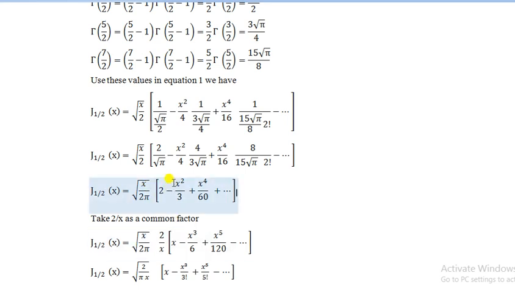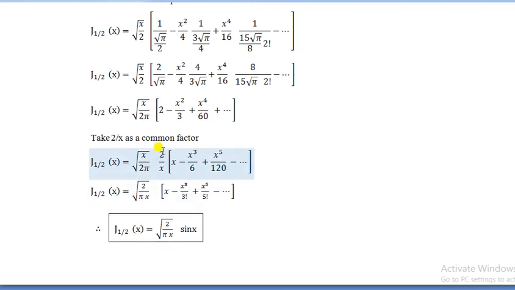Then minus, after taking 2 by x as common, the second term becomes x cube by 6 here, or x cube by 6 into 2 by x becomes x square by 3. Then the third term is x raised to 5 by 120. So after multiplying this whole bracket by 2 by x, we will obtain 2 minus x square by 3, x raised to 4 by 60.